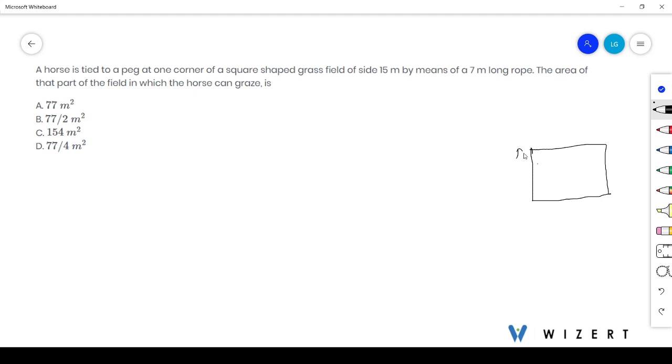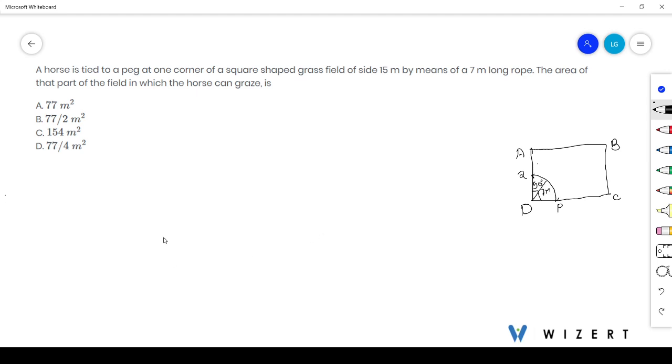Let A, B, C, D be the square, and this is one corner of the square with the length of the rope 7 meter, and as in a square all angles are 90 degree, so suppose that rope be QP, so that angle QDP will be 90 degree.